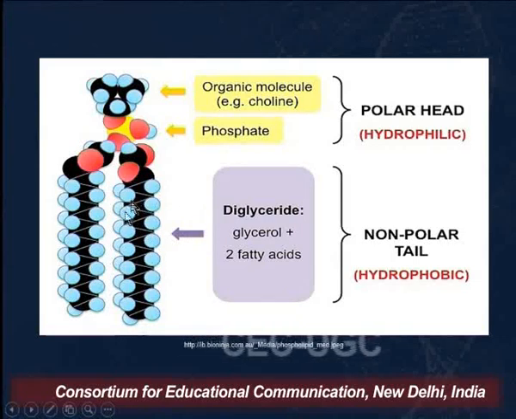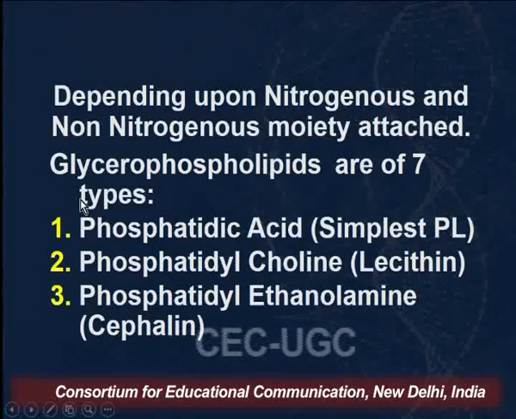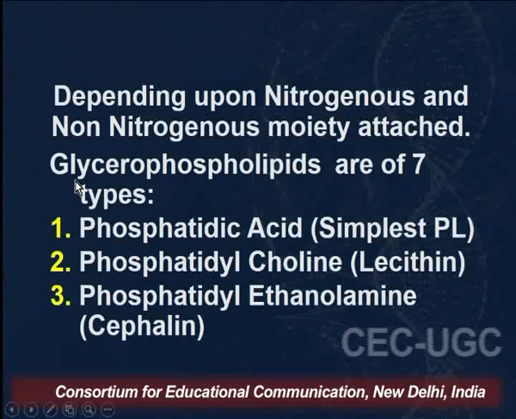Therefore we call this a diglyceride. So this part is the polar part and this part is the non-polar part. And we'll find that this structure of the phospholipid gives it some very unique properties. So this was the general structure of a phospholipid.